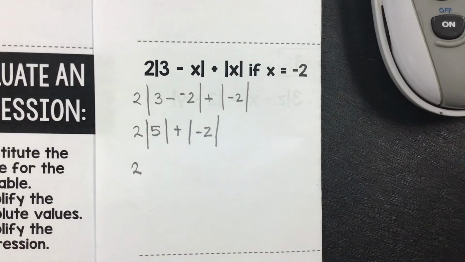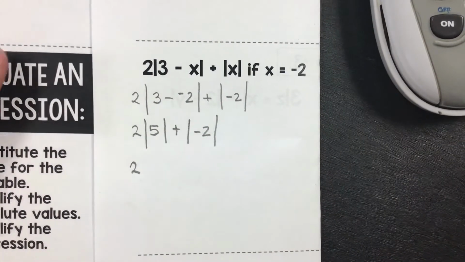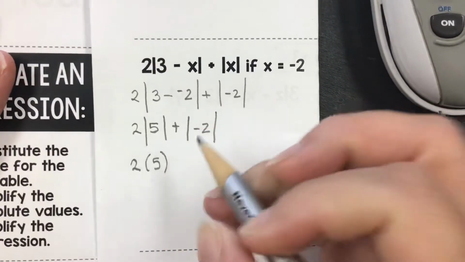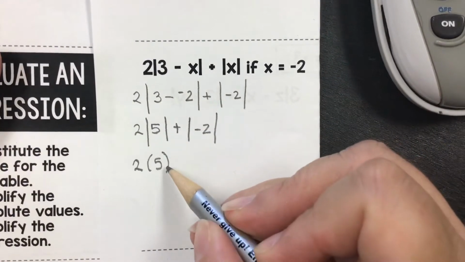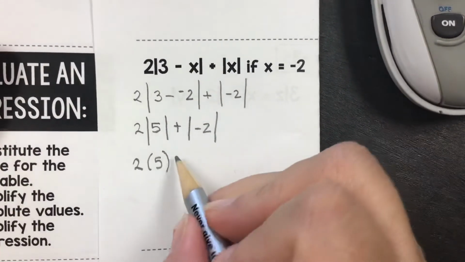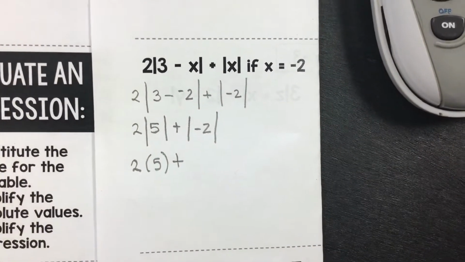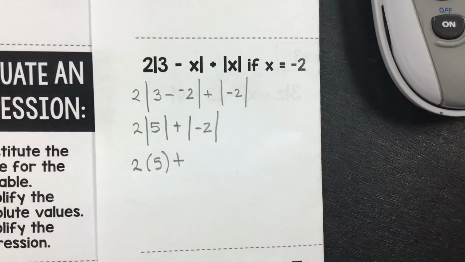The 5 is inside the washing machine. Once we clean that 5, what are we going to get? A +5. It was clean, it stays clean. The plus sign was outside of the absolute value bars, so it's going to be left alone.